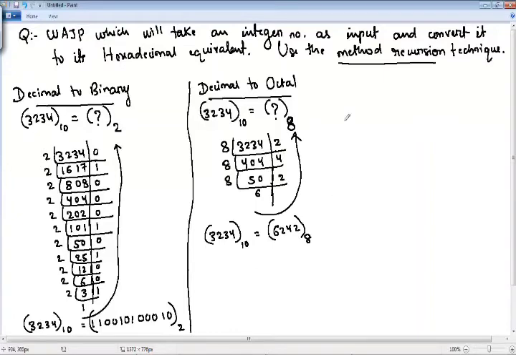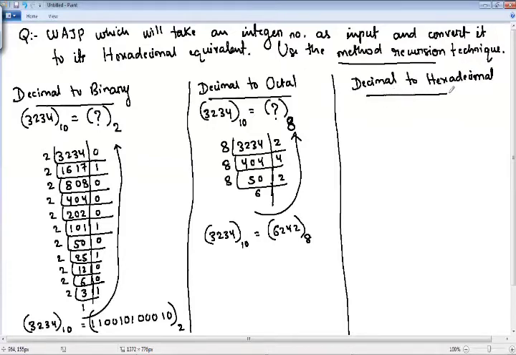Yes. Now listen. If I have to convert the same decimal number to hexadecimal, let me show you one thing. In this case, initially the value of n is 3234.